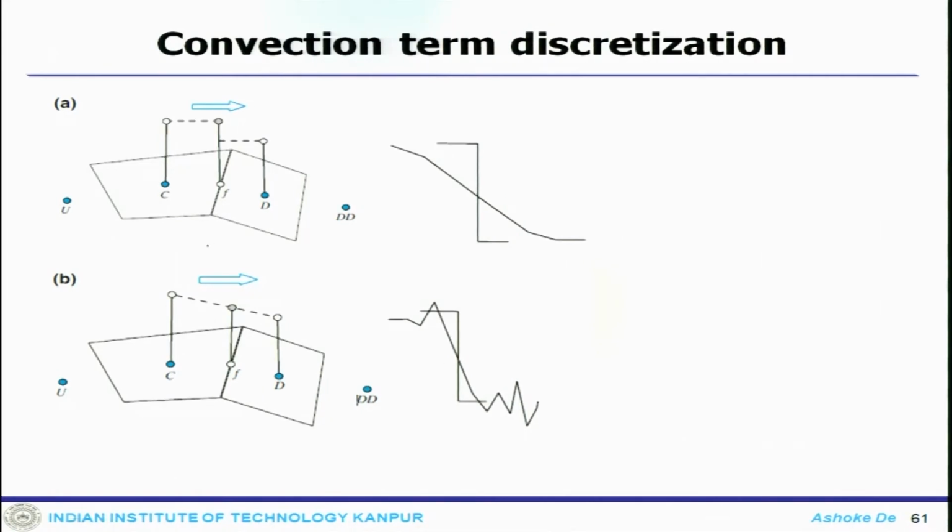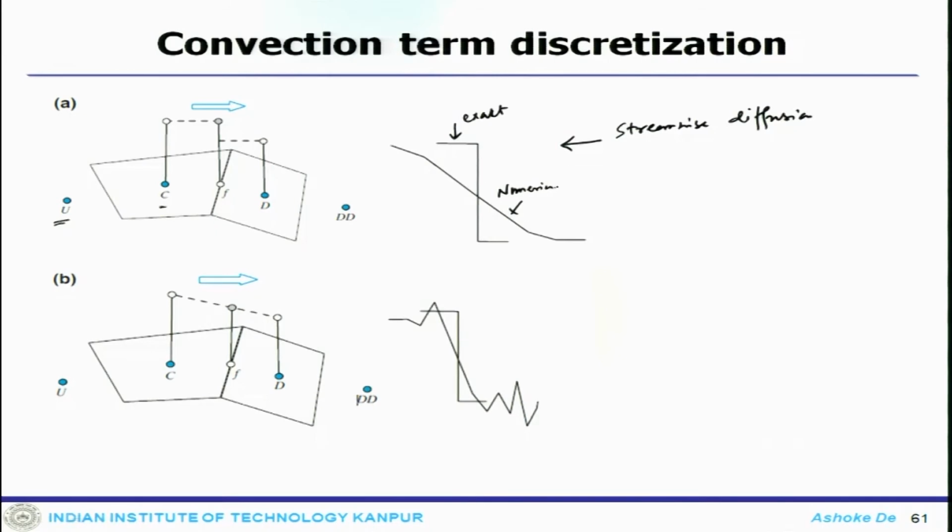one can see this is where the prime example of numerical streamwise diffusion is. So, you have this flow field going in this direction, this is upstream, this is the cell center, this is the exact solution and this is the numerical solution. So, the streamwise numerical diffusion can be reduced by higher order scheme.